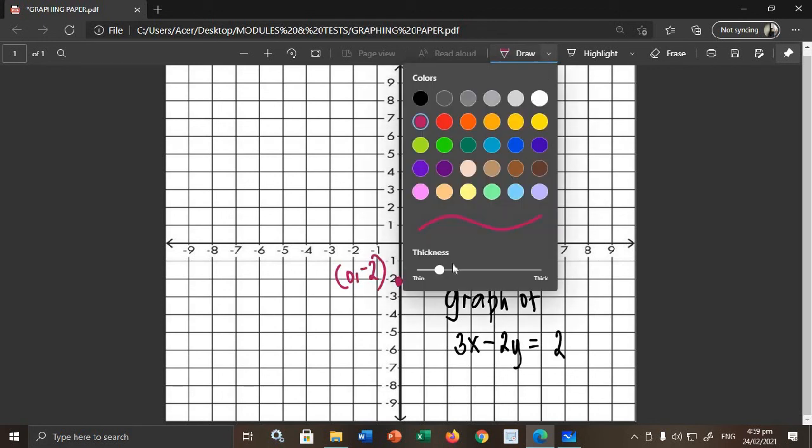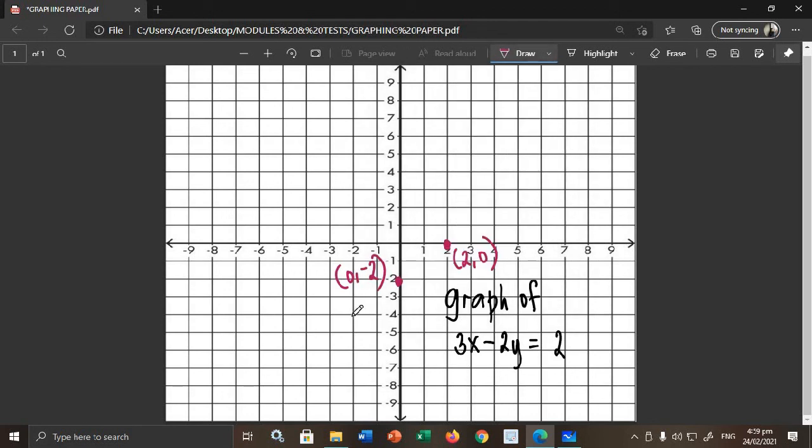And then right after you plot the points, connect the 2 points.